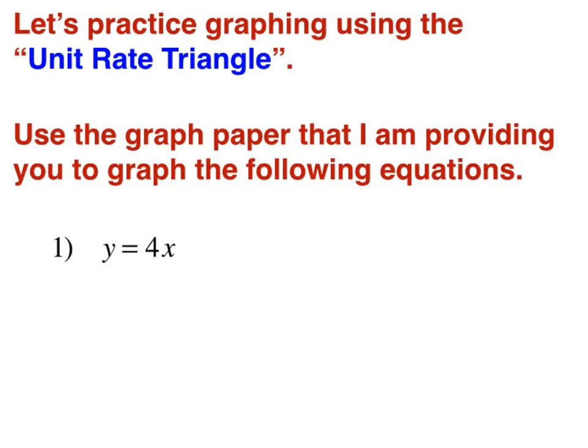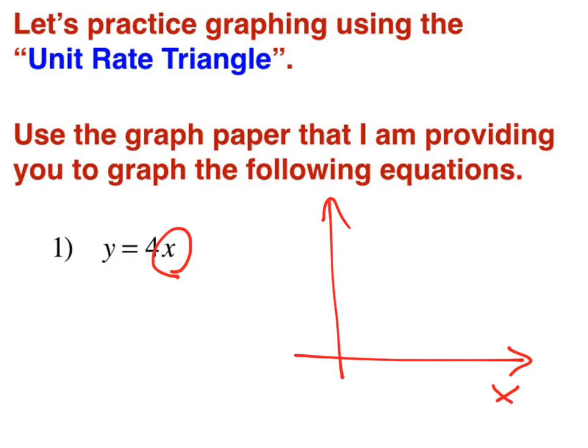Now, I don't have these grids up here, so I'm going to do them by hand. So here's the grid that I'm going to use. And because we're using the variable x, we write x right there. Because we're using the variable y, we write y right there. Constant of proportionality from this equation is k equals 4.